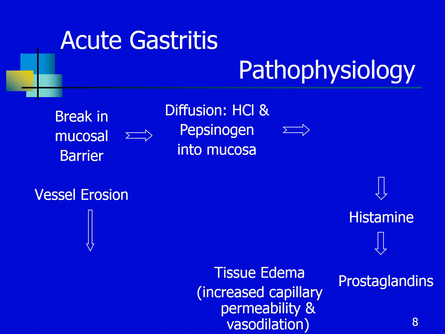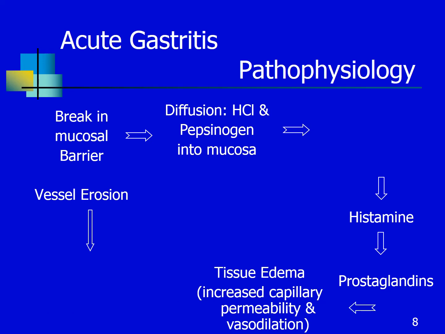Disruption of the mucosal capillary membrane will in turn release histamine. Histamine is released in response to that injury, right? Which causes the vasoconstriction, leading to the release of prostaglandins. And prostaglandins are a fatty acid component that has a hormone-like effect. This causes an increase in cell permeability, therefore leading to vasodilation.